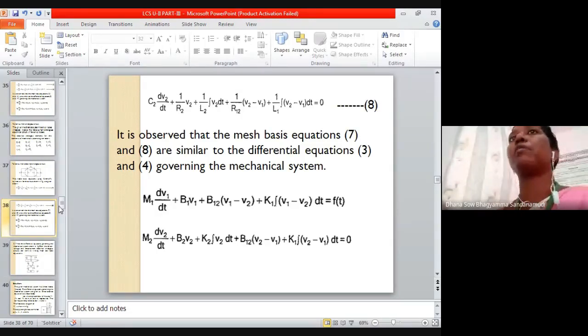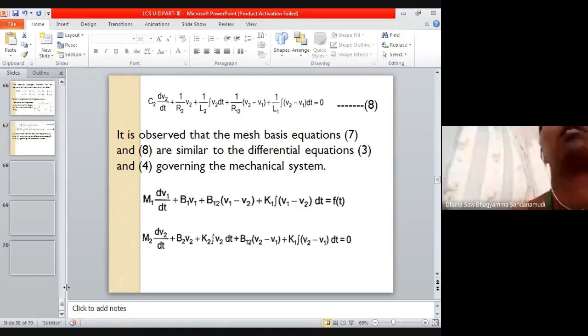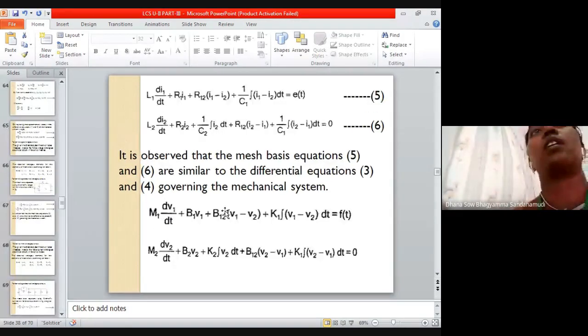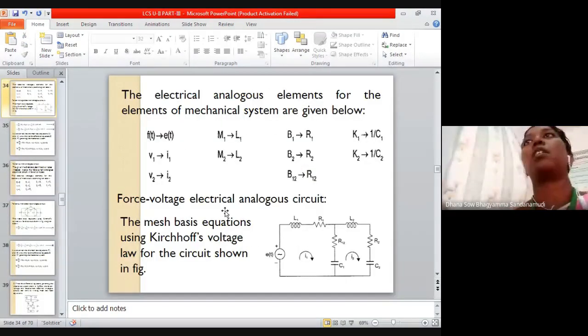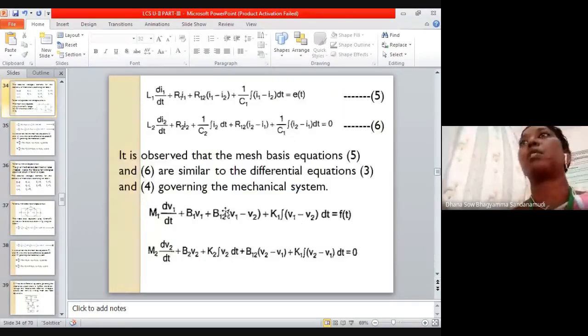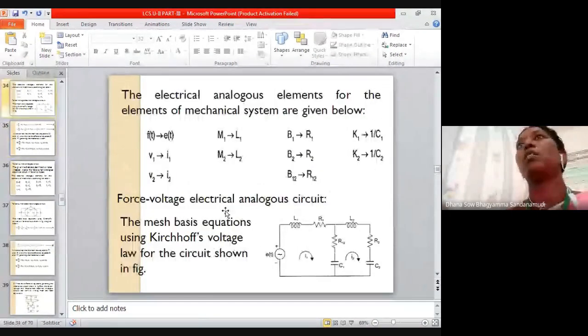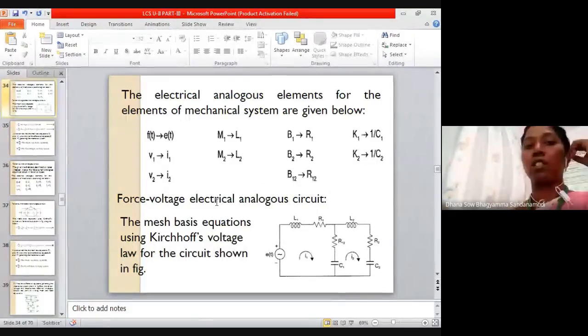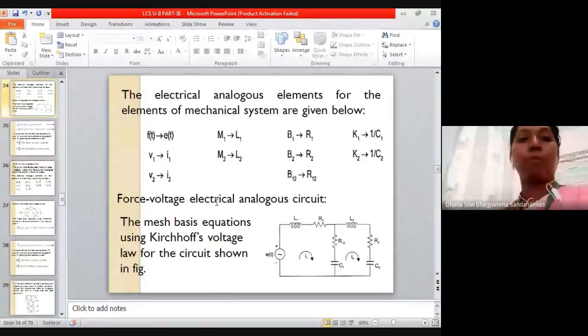So don't worry. I'm on slide 38. I have 4 slides. Only mechanical translational system. Rotational system is in some other PPT. So you need not worry. If you have doubts, you ask me. Anybody can unmute and ask. Because this concept, if you are carefully listening, then only you will be able to follow. Otherwise, you can't.